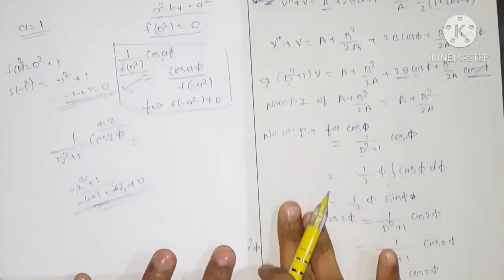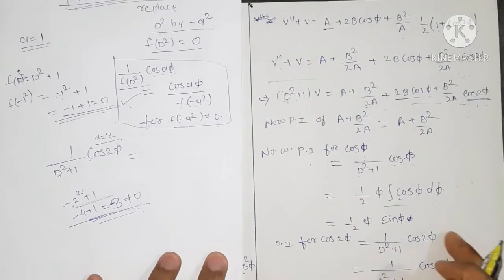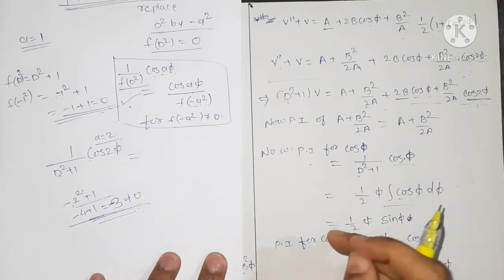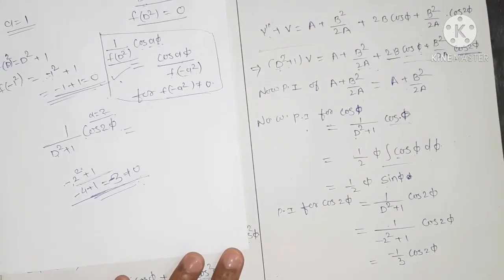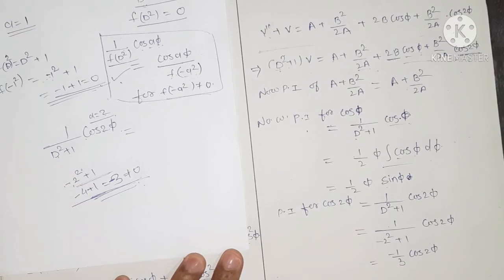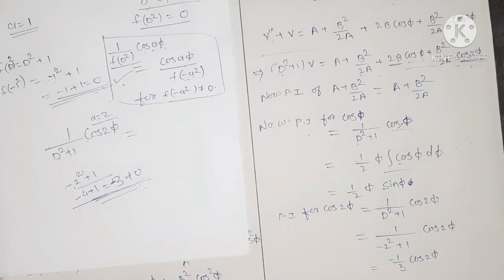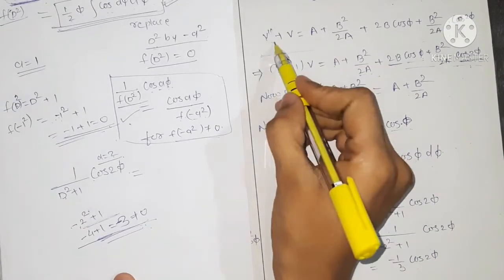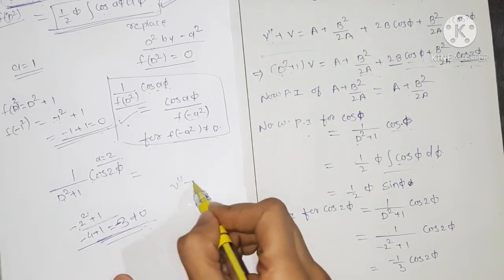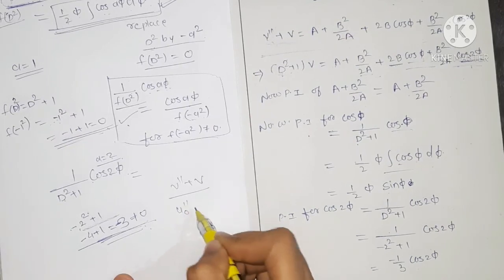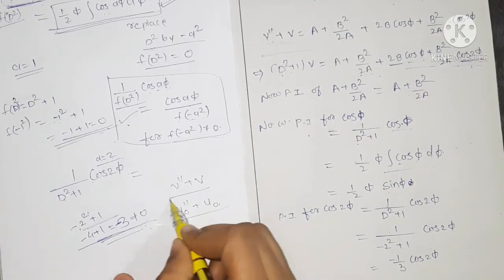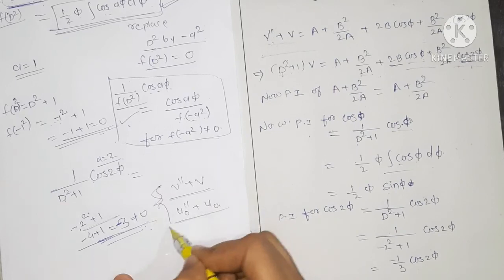Now we substitute the values of all the particular integrals, and thus we have the solution. v is nothing but complementary function plus particular integral. But as here we have the auxiliary equation of v double dash plus v, same as u0 double dash plus u0, we have the common complementary function.